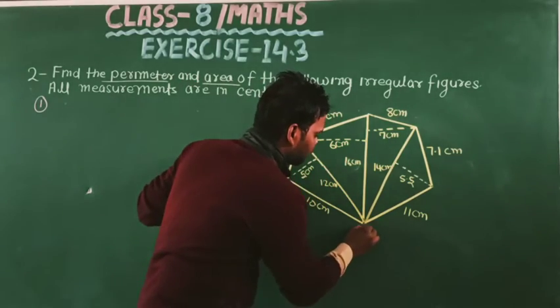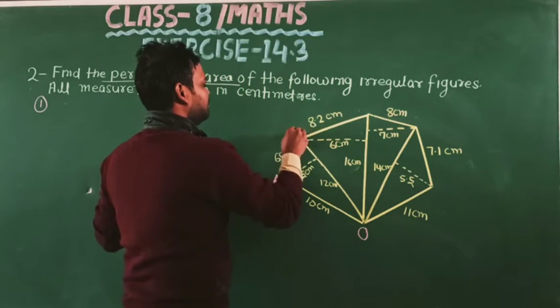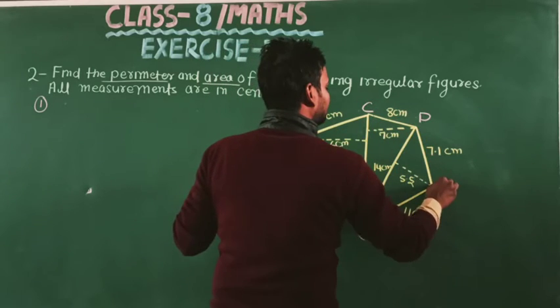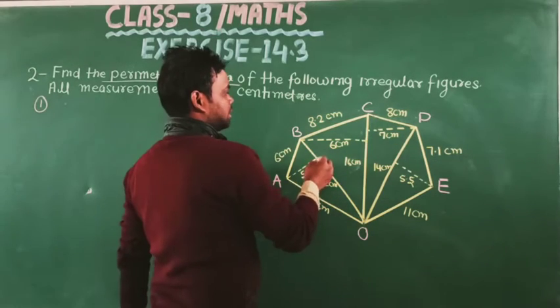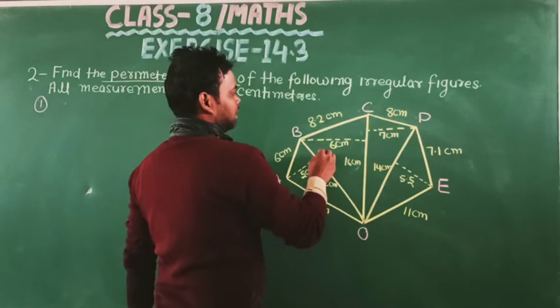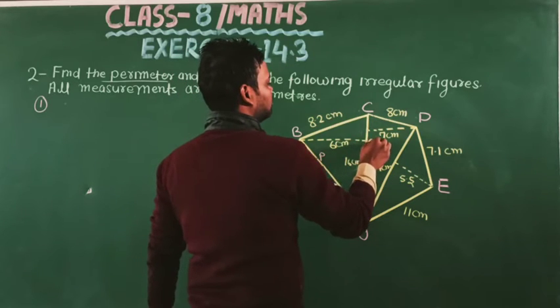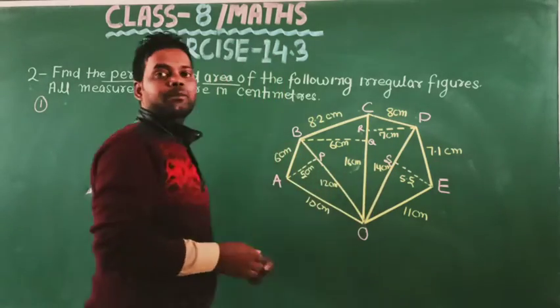Suppose this is point O and this is A, B, C, D, E. Also the perpendicular distances, taking P, this is Q, this is R and this is S.